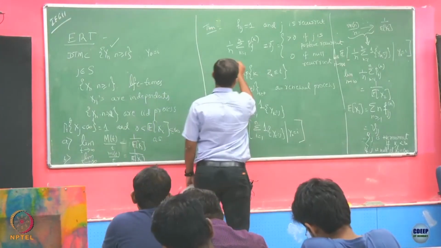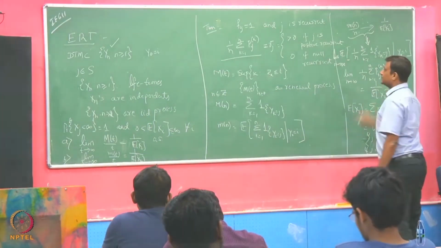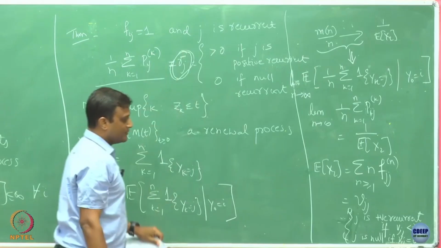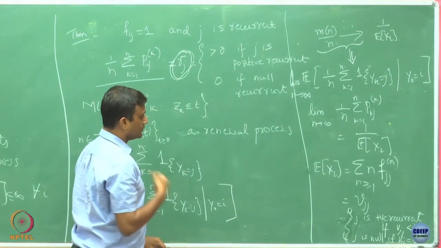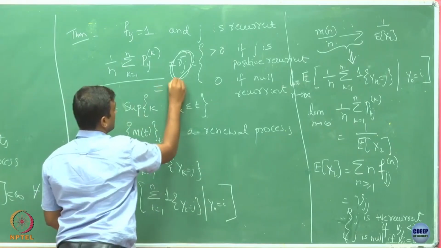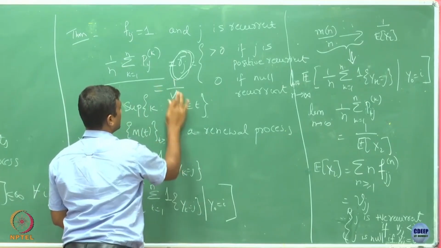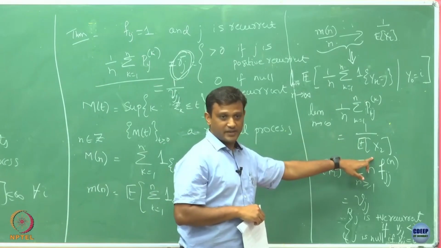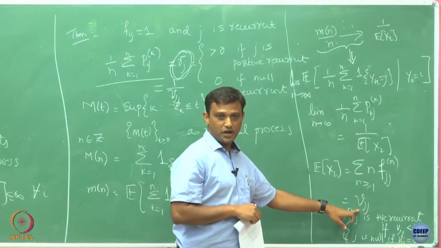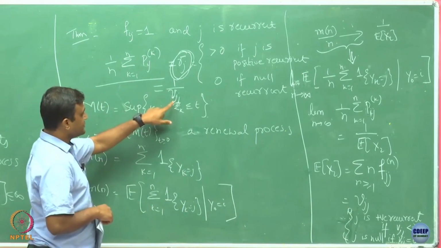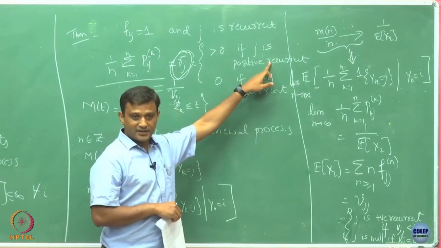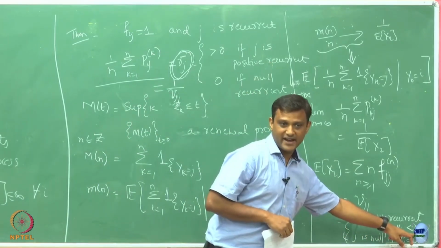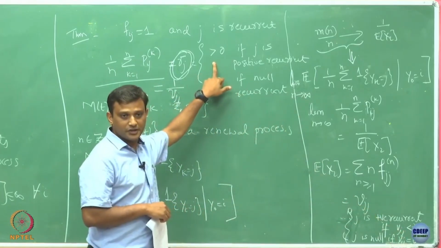Now let us compare this quantity here. What we are actually showing is that this gamma j is nothing but 1 upon nu jj, right? So this gamma j is 1 upon the expectation of x2, which we have shown to be 1 upon nu jj. Now when the state j is positive recurrent, I know that nu jj is finite, so this quantity has to be positive.